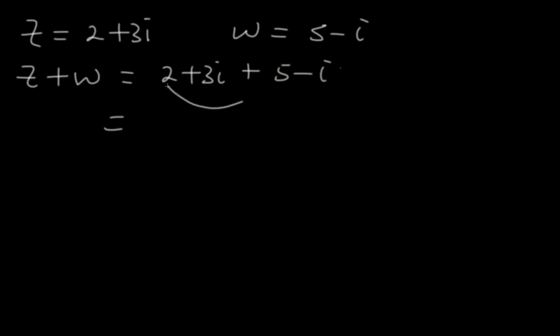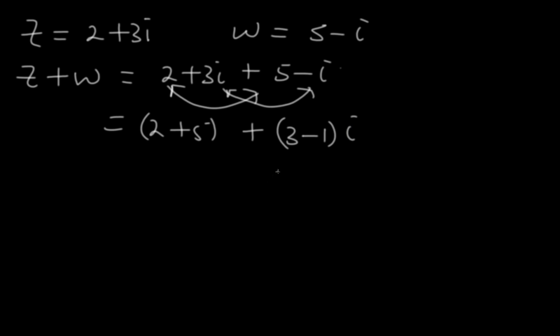So we add the real parts separately and then the imaginary parts separately. So we have 2 plus 5, that is the real part of z plus w, then plus 3 minus 1, everything multiplied with i. This is the imaginary part of z plus w. And the final result is 7 plus 2i.